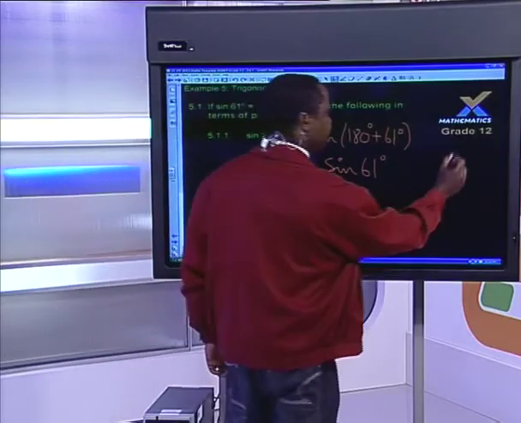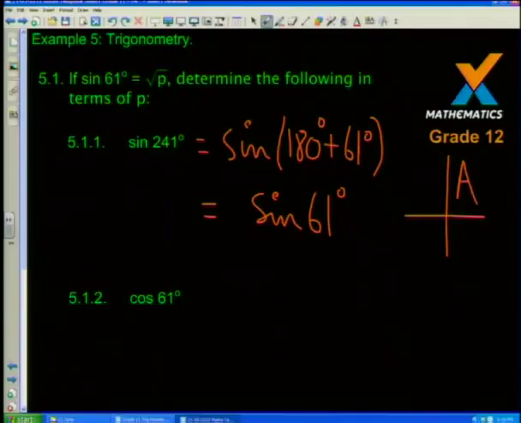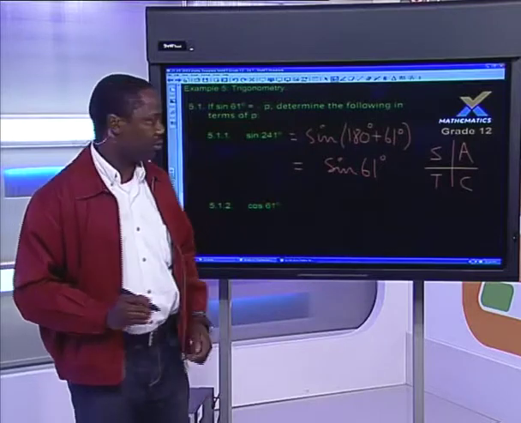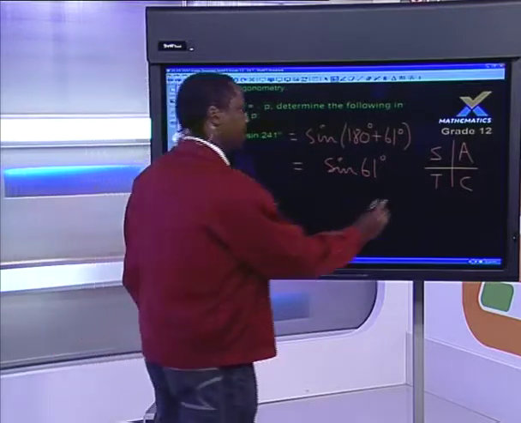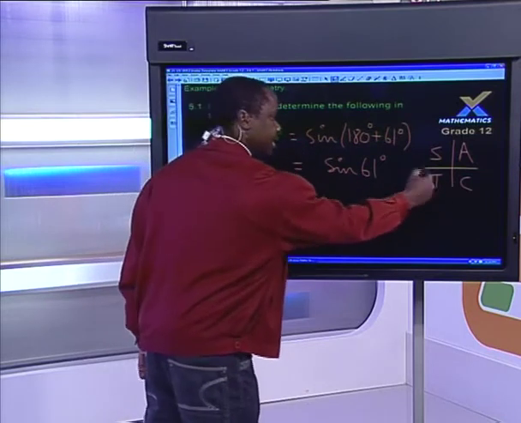Most of you will remember that all ratios are positive in the first quadrant. Only sine is positive in the second quadrant. Tangent is the only one that is positive in the third quadrant. Then finally cosine, what I used to call All Students Take Coffee. So we ask, how is this ratio in the third quadrant?